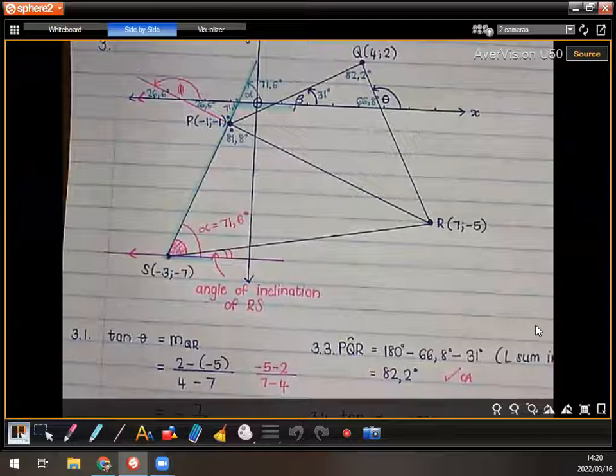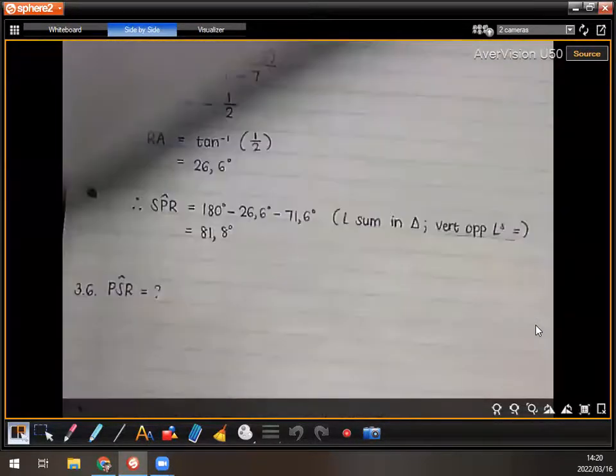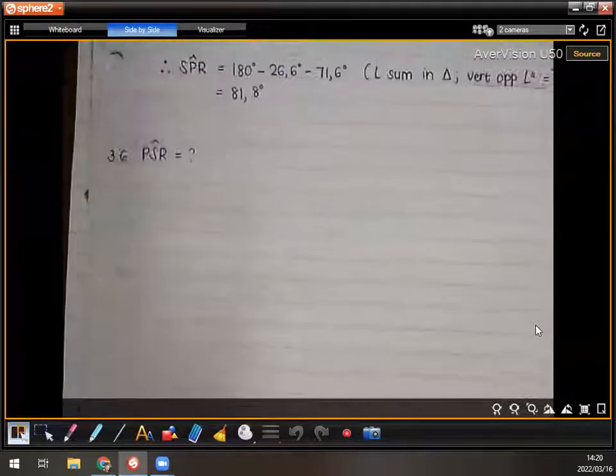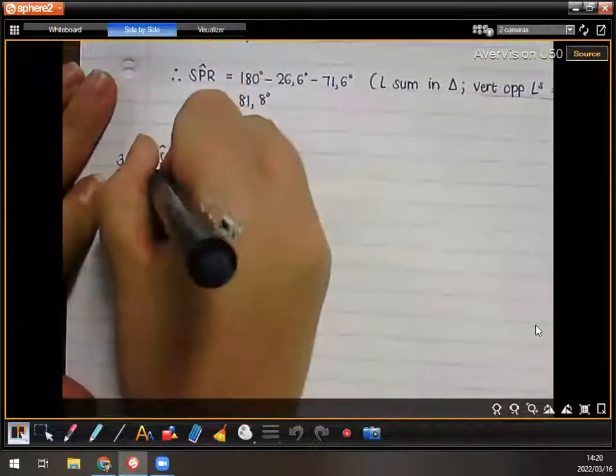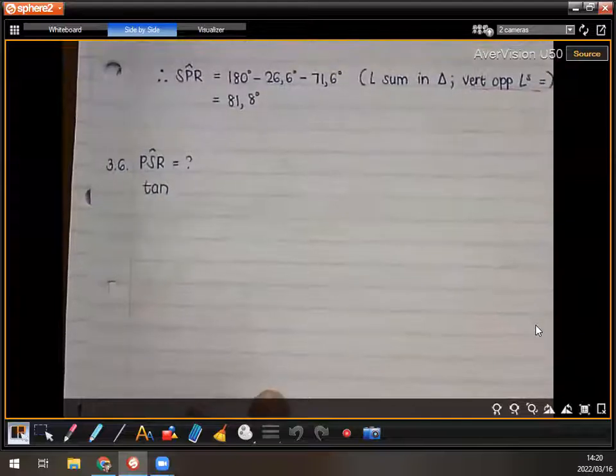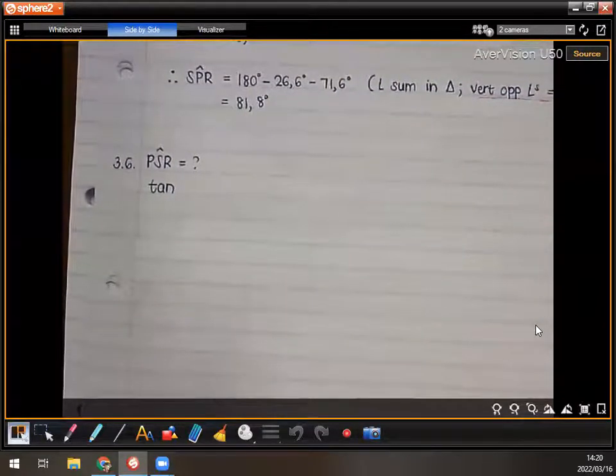Okay, and what is this little angle again? The angle of inclination of RX. We know how to find that. How do you find the angle of inclination of a line? Tan of the angle is equal to the gradient. Okay, so for 3.6, the first thing we need to do, we need to find tan of, what are we going to call this angle now? Run out of symbols.